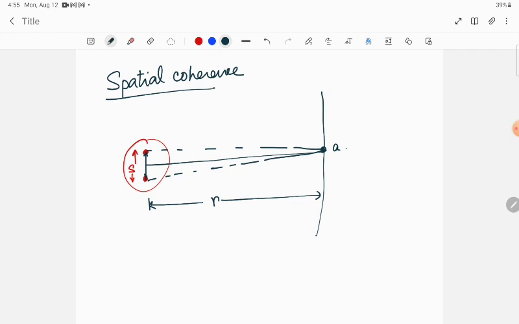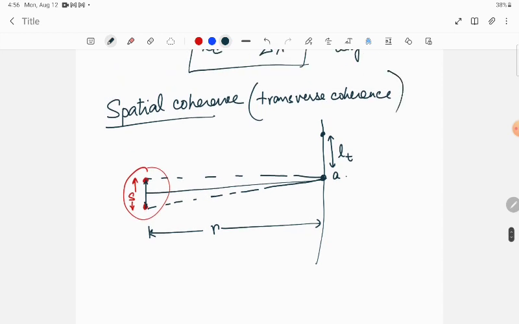Now by spatial coherence I mean that consider another point, let's say it is at a distance L_T, because spatial coherence is also called transverse coherence. We are in the same plane of observation, just laterally going in the transverse direction, going away and seeing how far we can go from this spot till the beam is still coherent.